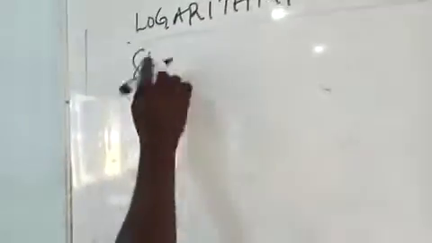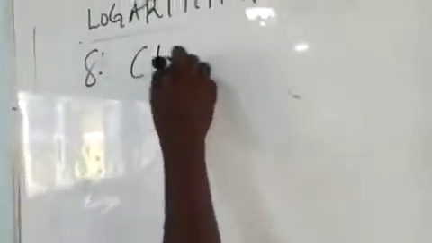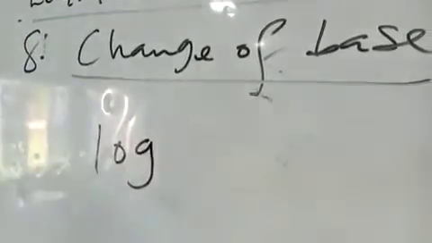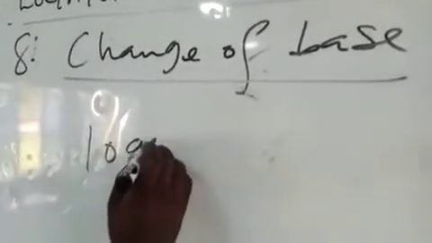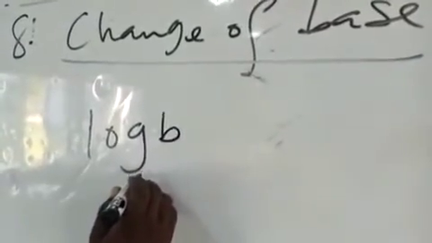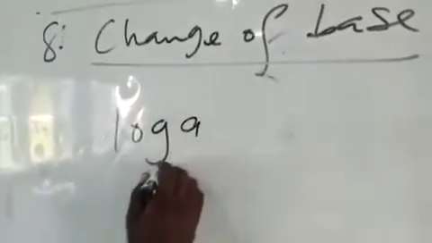Now, the last law of logarithm, we call it the change of base. What do I mean by change of base? We can decide to change the base of a logarithm if we so wish, or if a condition warrants that. How? That is when we have log b base a, and I'm not too satisfied with this base.